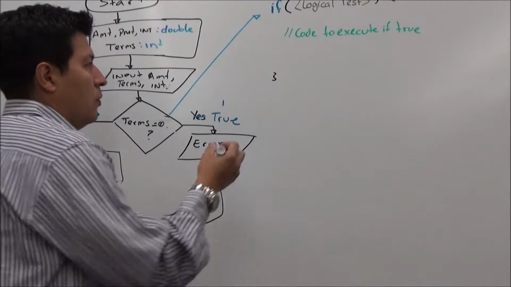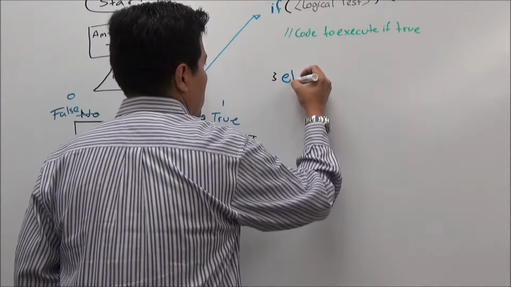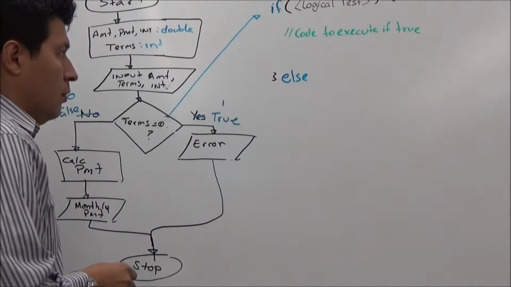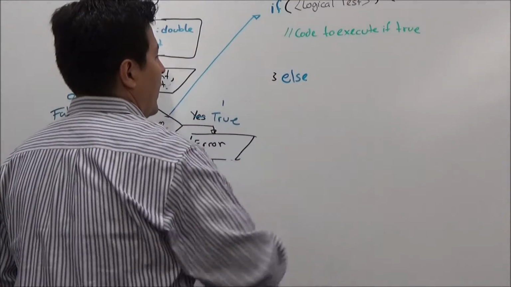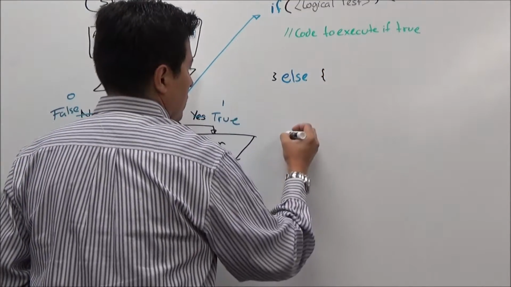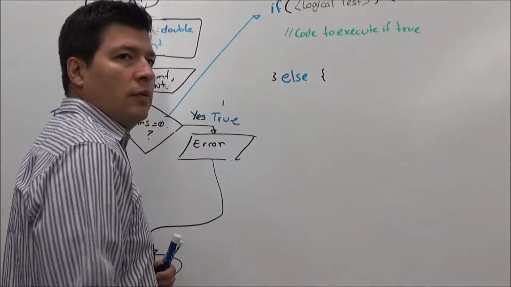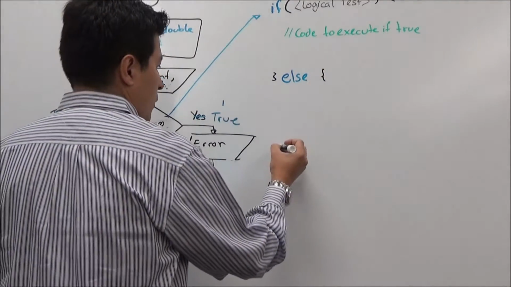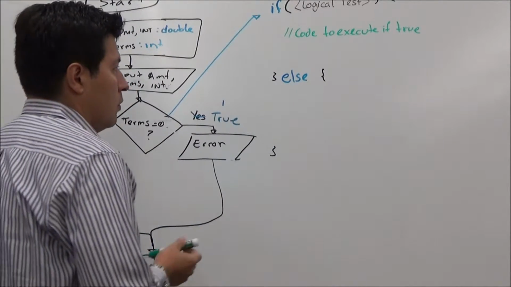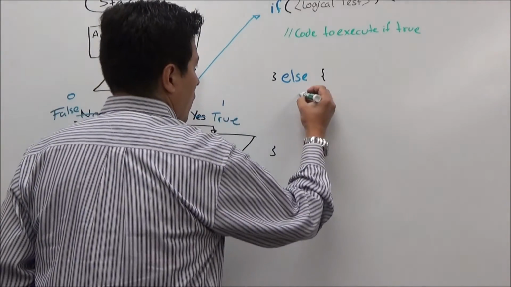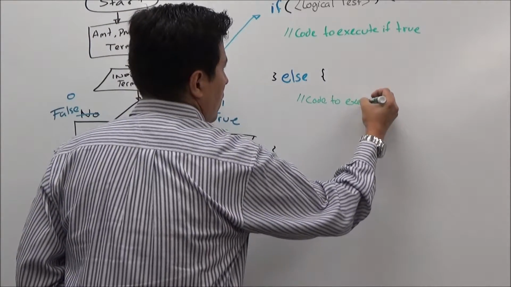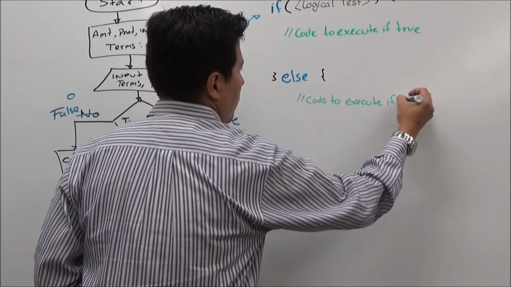If it's not true, then I need to have another section. I call it an else. And the else doesn't take any parentheses or parameters. Because if it's not true, then it must be false. There's nothing in between. So here's the code to execute if false.